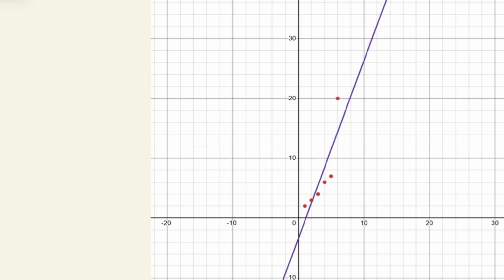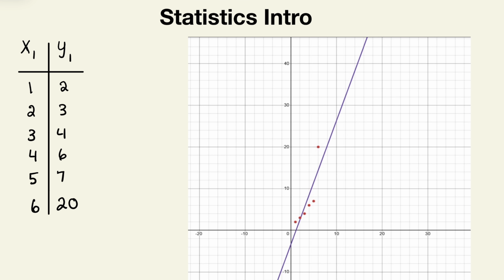And this point here, which is at 620, which also comes from here on the table, that's an outlier. And outliers affect the mean much more than the median does, so the median is usually a better measure of the typical center.